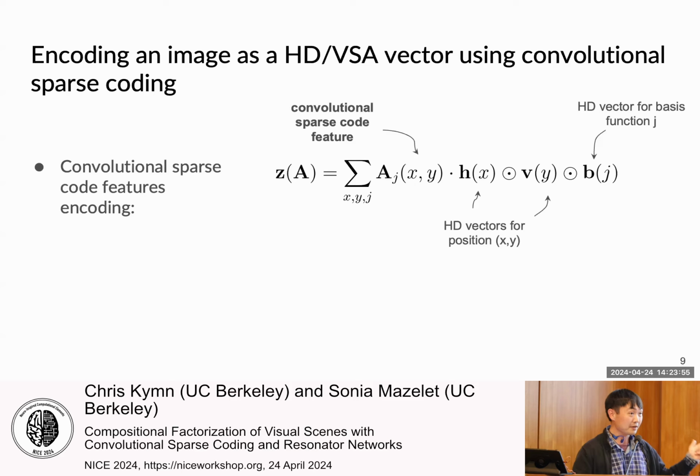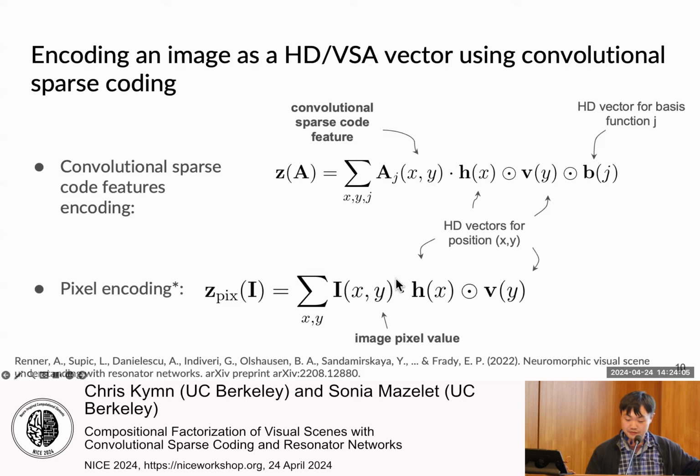And what we'll do is compare this to understand the benefits of a convolutional sparse code compared to a pixel encoding, in which rather than do convolutional sparse coding, we can just work off of the image pixel values. In this case, for a gray image, it would just be one channel, and then bind these position values together. We note that this pixel encoding has been used in other papers before, for example this one by Alpha Renner and colleagues.